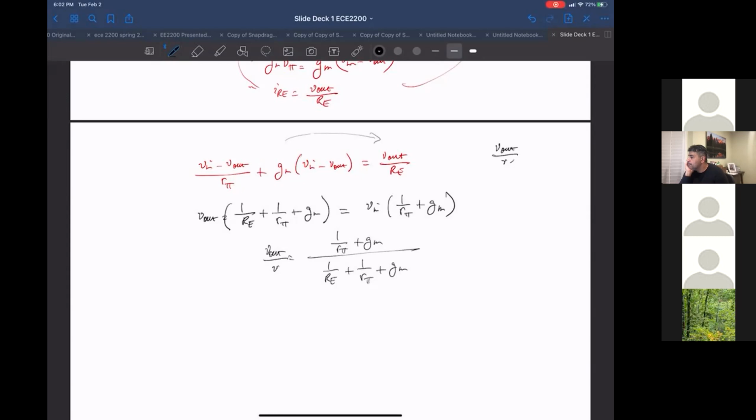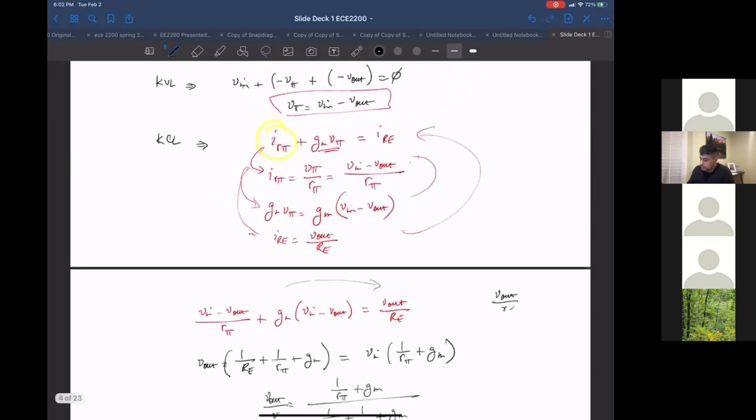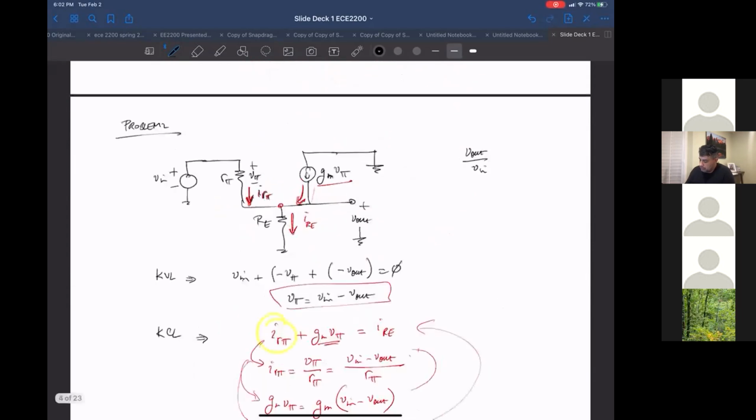Professor, you were using KVL on the second part. Isn't it supposed to be a loop for that to work? Since it's not a loop, how come you're able to use it?